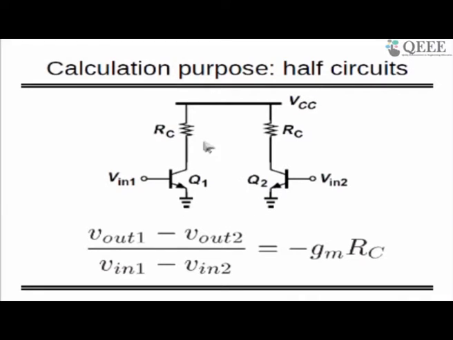Still there is one current source connected to the emitter junction, and I am doing this to make sure there is loose control of common mode voltage, and this is just for the calculation part, so that this will be a half circuit. So I am going to take only one circuit at a time, and if I can find the gain of this circuit, V out by V in, similarly I can find V out by V in for the other, and if I subtract both of them, I am going to get the differential gain of the whole circuit.